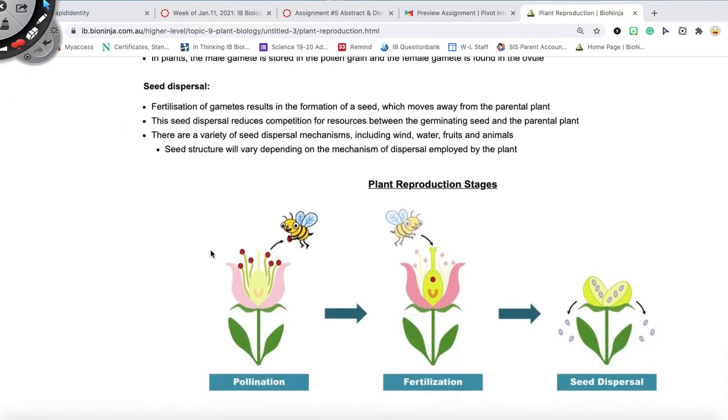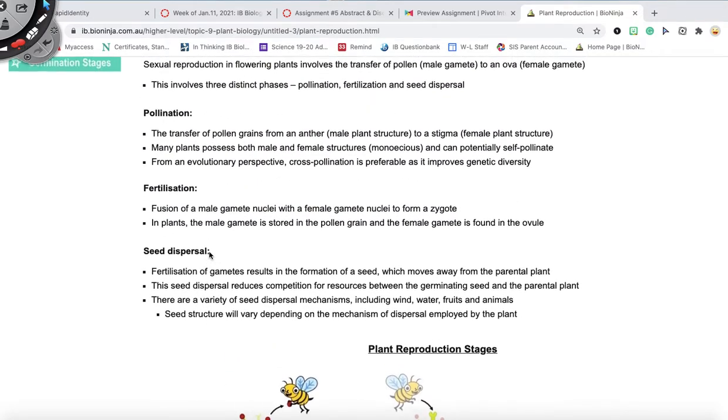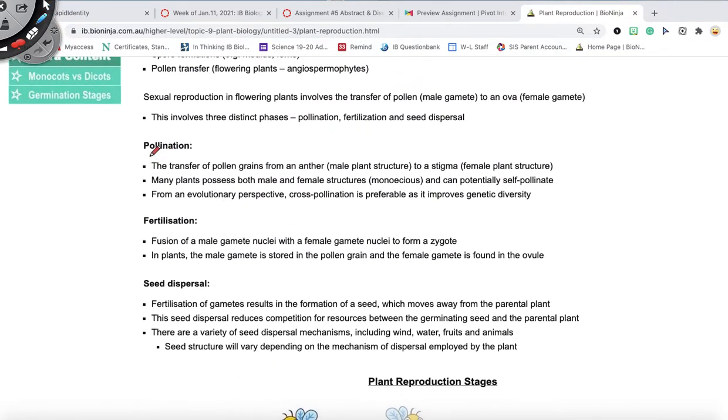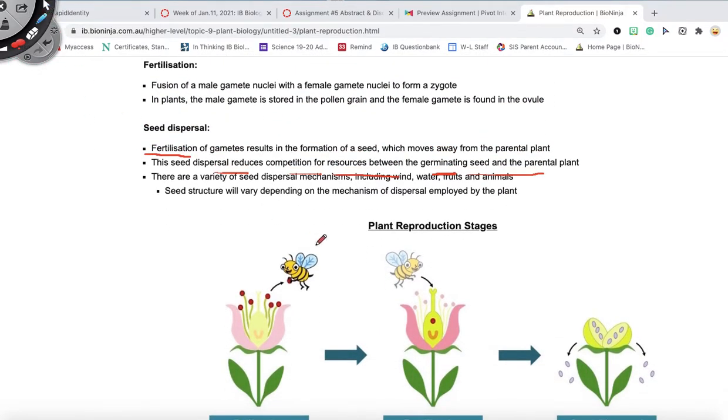All right, so there's a nice little picture here showing you each type of reproduction stage. So you've all heard of pollination before, right? This is the transfer of pollen grains from an anther, which is the male plant structure, to the stigma, which is the female plant structure. So here in this picture, we see a pollinator, and they drew it pretty big, but it's taking the pollen that's inside the anther.